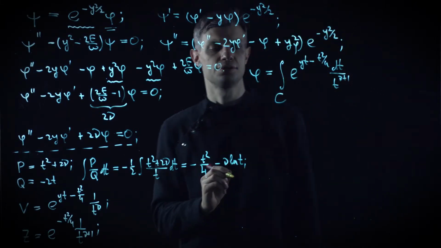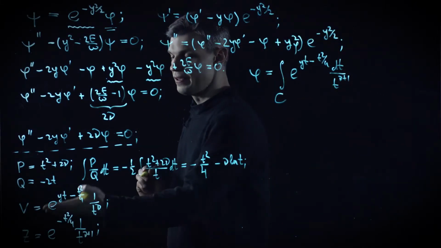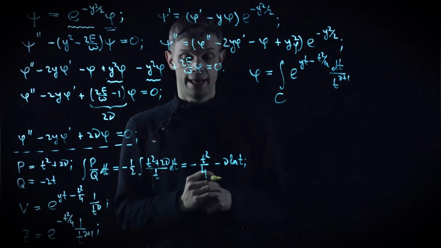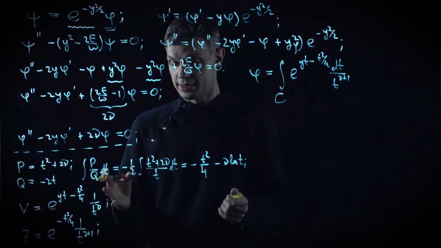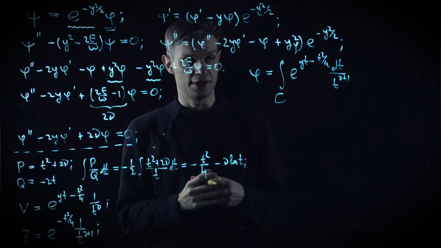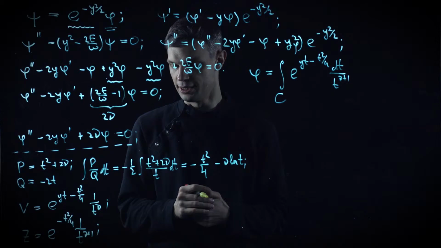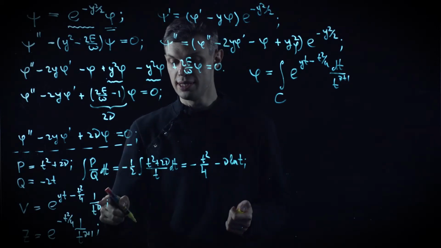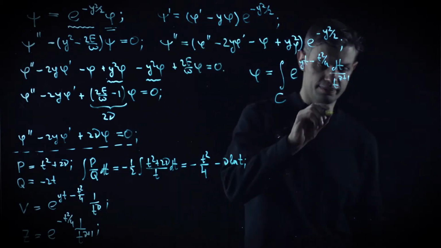And the contour should be chosen in such a way that the function assumes identical values. Again, the first thing we pay attention to is that our v and z functions are multi-valued functions of the complex variable t. And the branch point is the origin in the complex plane of t.